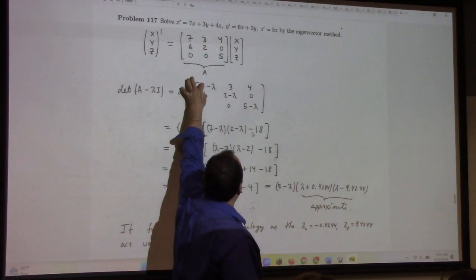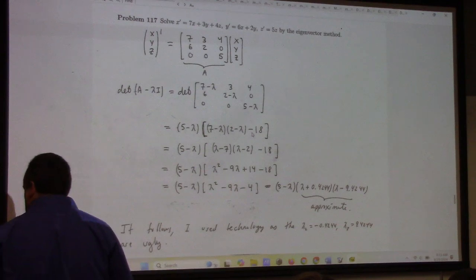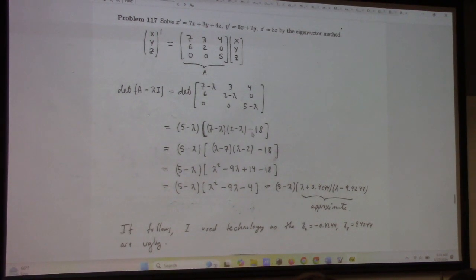You can say it's the determinant of this 2x2 block times that. This is an identity for determinants I shared with you guys. If you use that identity, that can be very labor saving, right? If we have the determinant of a block matrix, with A here and B here, then this is equal to the determinant of A times the determinant of B, right?